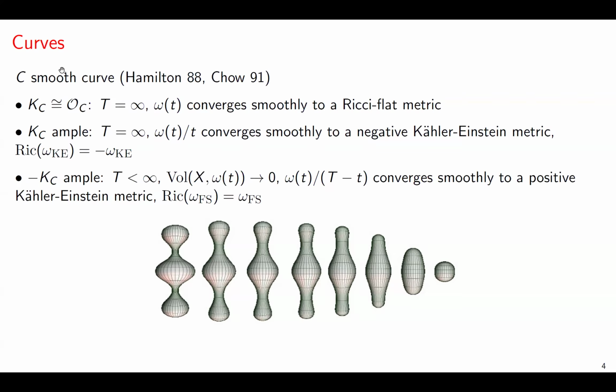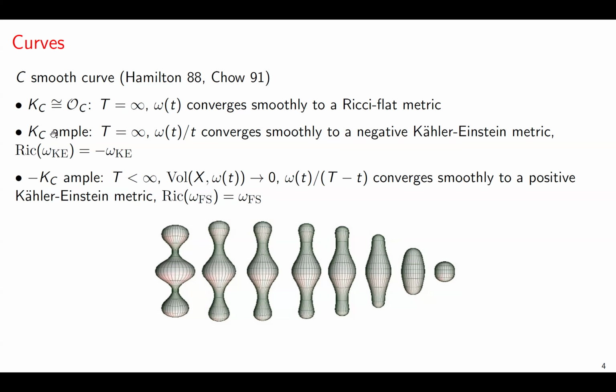Then the maximal existence time, of course, is infinity. The canonical bundle is trivial, therefore nef. And the flow converges smoothly to a Ricci flat, in fact, I should say flat metric on the torus. So the torus has many flat metrics coming from the complex plane. Those are like constant metrics on C. And the flow will converge to one with the same cohomology class as the initial one.